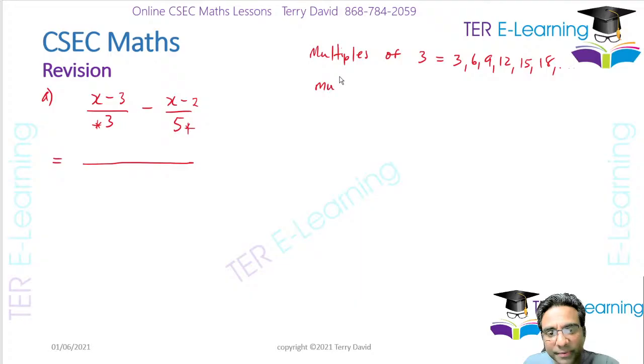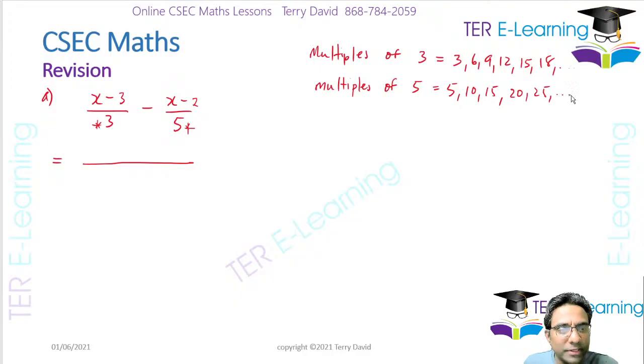Multiples of 5: the first one is 5, then 10, then 15. We keep adding 5 all the time: 20, 25, and we can go until infinity. But what we want to find is the LCM, the lowest common multiple.